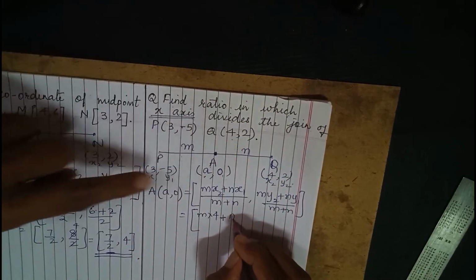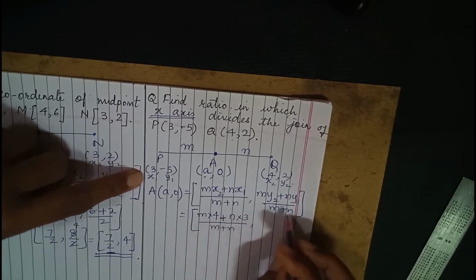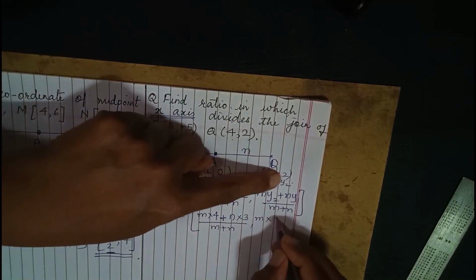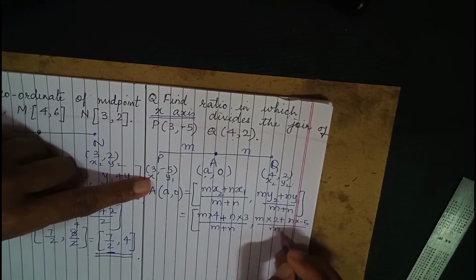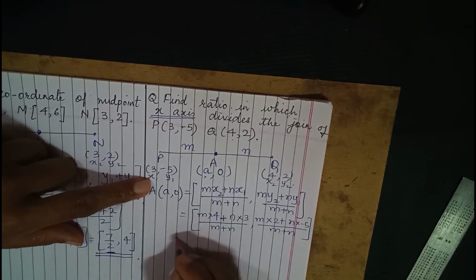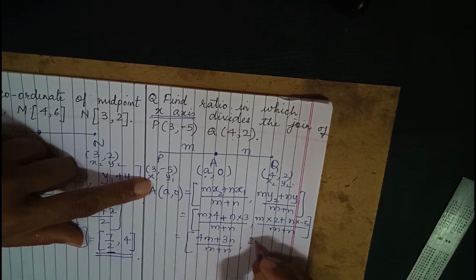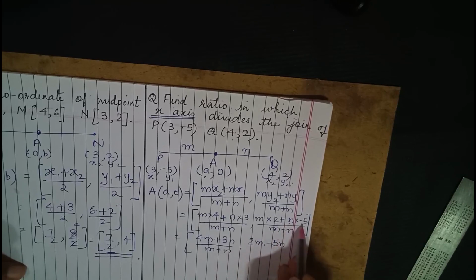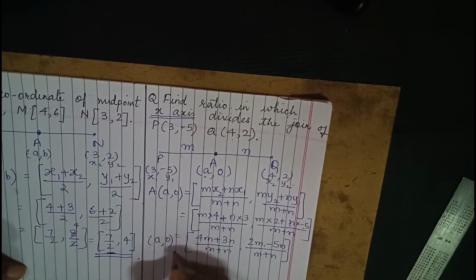So M into x2 plus N into x1, which is 3, upon M plus N. Again, M into y2 plus N into y1 upon M plus N. So now what we get here is (4M + 3N) upon M plus N, (2M - 5N) upon M plus N. How do I get minus 5? 1 into minus 5 is minus 5. So that is how I am writing it. And this should be equal to (a, 0).